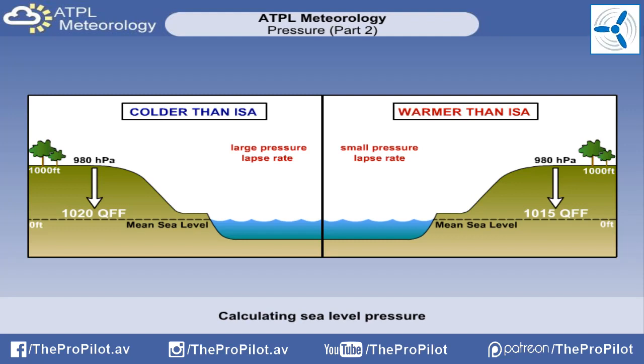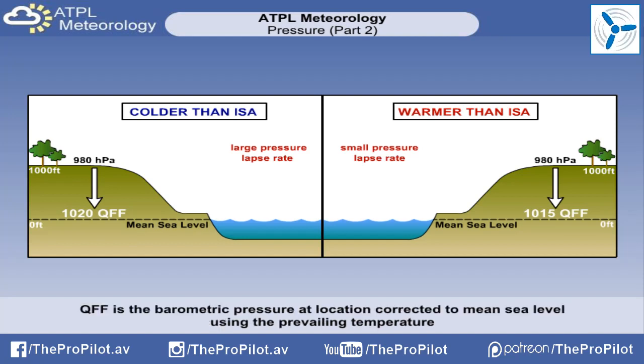The diagram on the left shows that if a station was above mean sea level and the air was colder than ISA, the corrected mean sea level pressure would be higher when compared to warmer than ISA. These mean sea level pressures are known as QFF values. QFF is therefore the barometric pressure at a stated location, corrected to mean sea level, using the prevailing temperature.